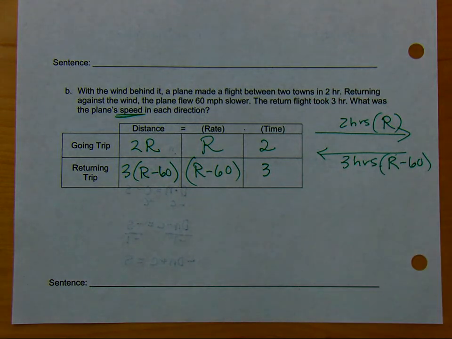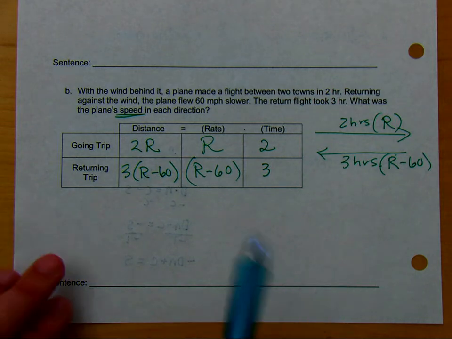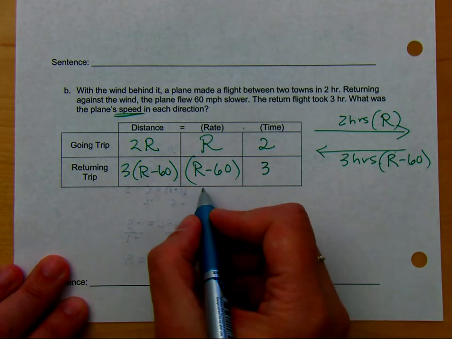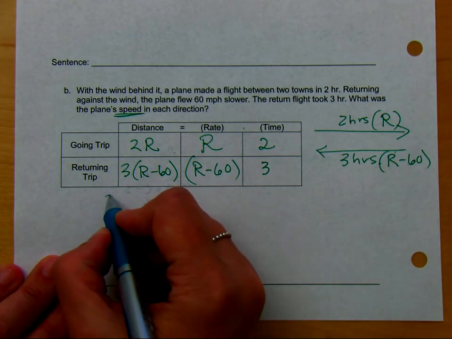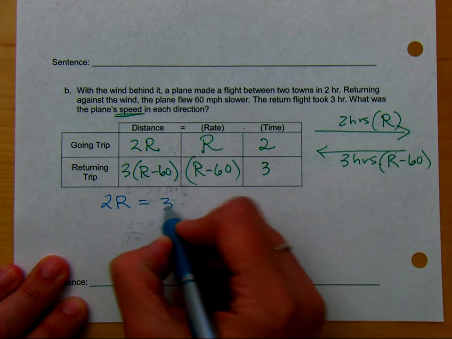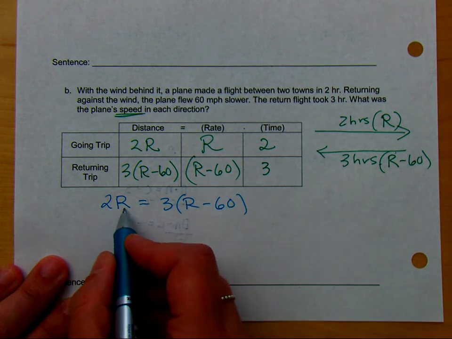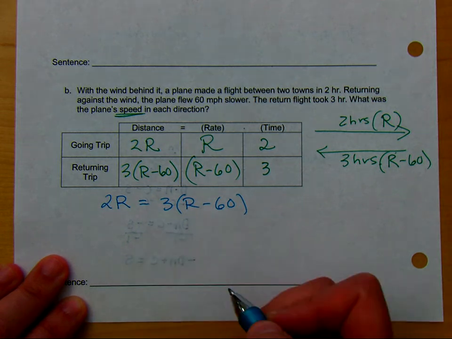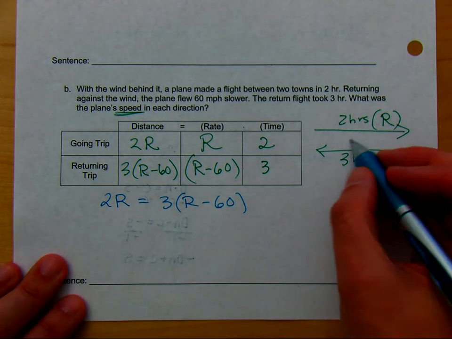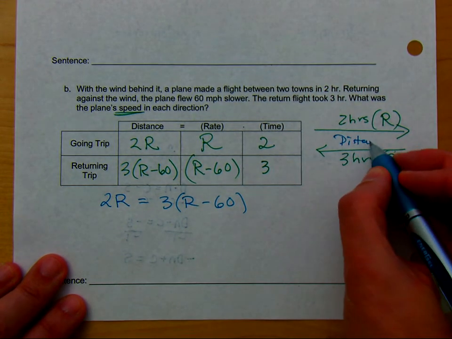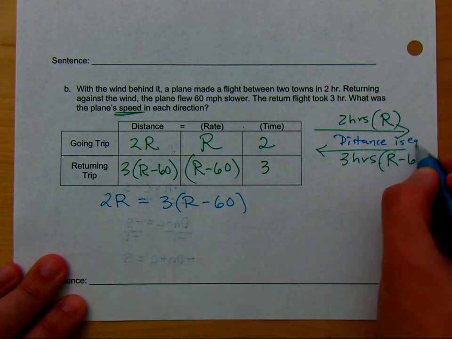They're equal to each other, exactly. So what would be the equation that you could write to solve for the rate? Yes, 2 times the rate equals 3 times the rate minus 60, because the distance going and coming is equal.